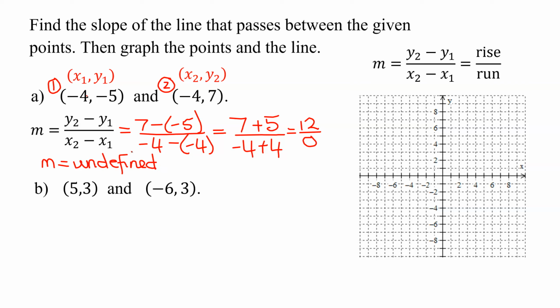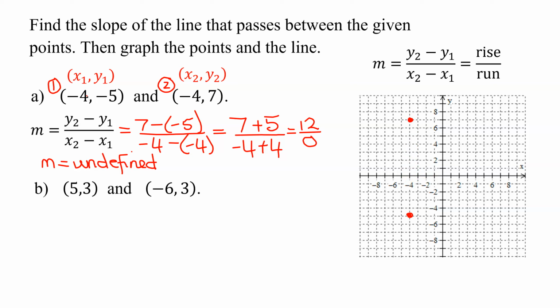And let's graph this line to see what kind of line gives us an undefined slope. So if I look at my points, negative 4, negative 5, start at the origin, left 4, and y is negative 5, down 5. Next point, negative 4, 7, left 4, and y is 7, up 7.